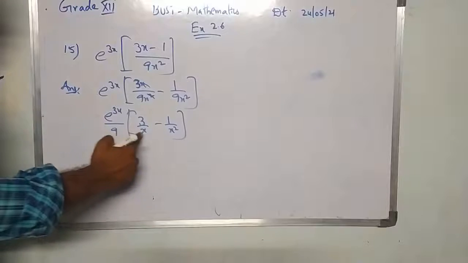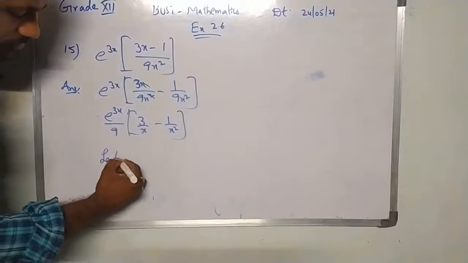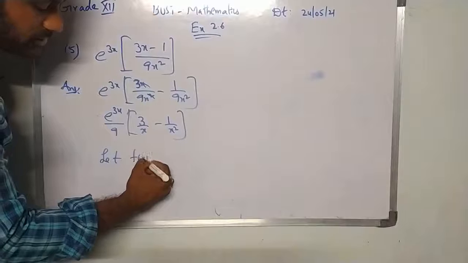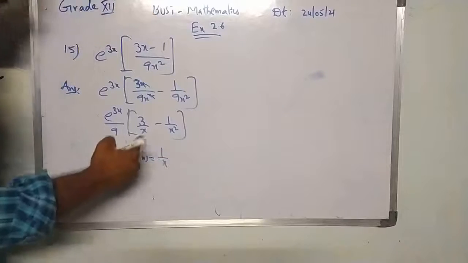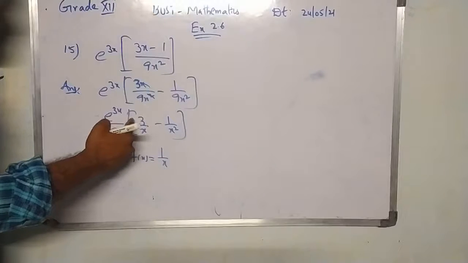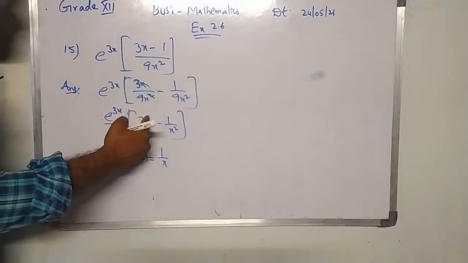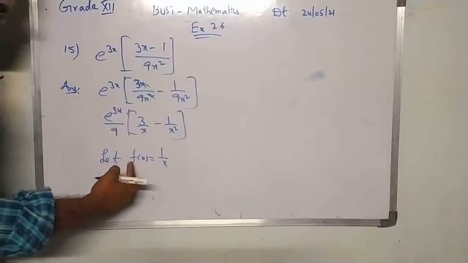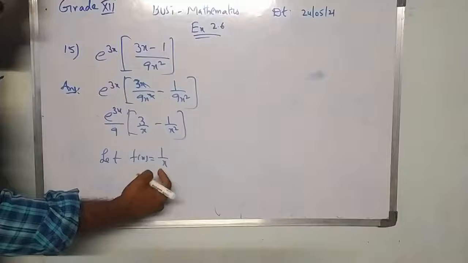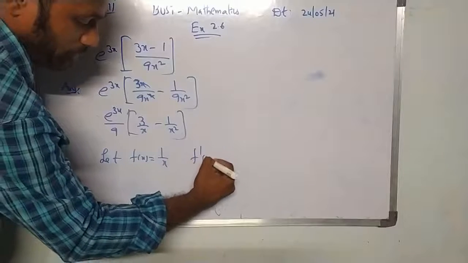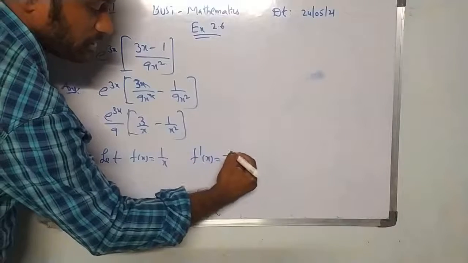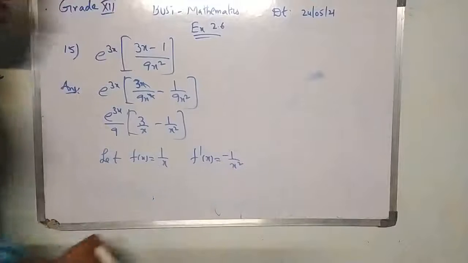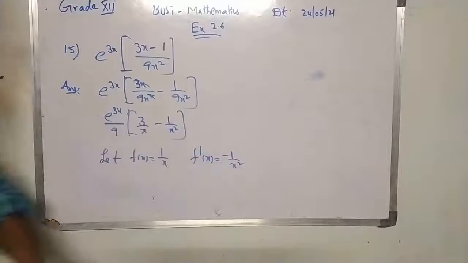Okay. Now if you observe, let f of x is equal to 1 by x. I am assuming 3 is a number, so I am writing this as 3 into 1 by x. If I assume that f of x is 1 by x, then if I perform the derivative, f dash of x, what is the derivative of 1 by x? It will be minus 1 by x square.